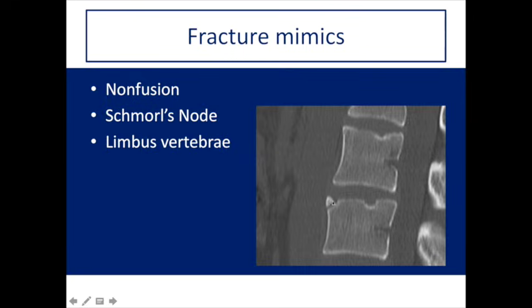As a result, you get a fragment of bone at the corner here or the corner here, and to the untrained eye, it can look like a simple flexion compression fracture, like this one would mimic here, or if it's at the anterior inferior corner, it can mimic a teardrop fracture. The key to differentiating these is the location, the regularity of the bone, and also the sclerotic borders.